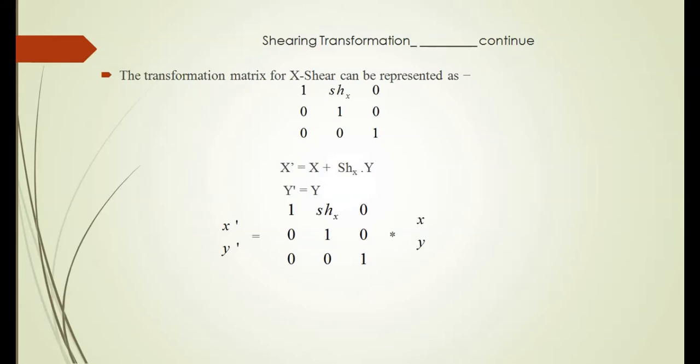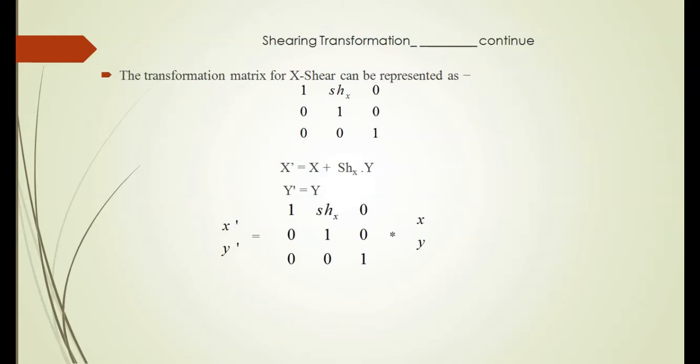By using the old coordinate and the matrix we calculate the new coordinate. So the equation of x dash and y dash: x dash is equal to x plus SHX into y, and y dash is equal to y.